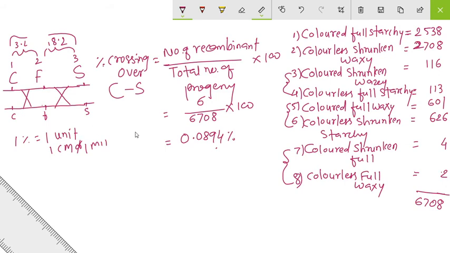Now we have to calculate percent recombination.